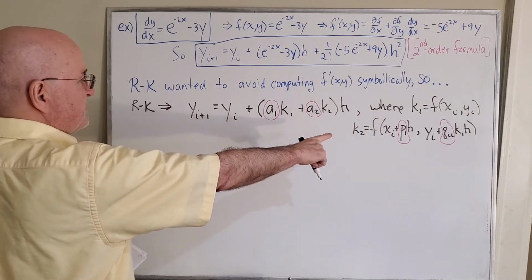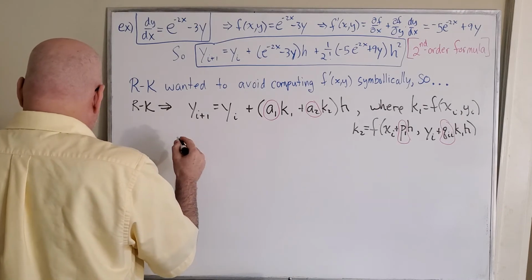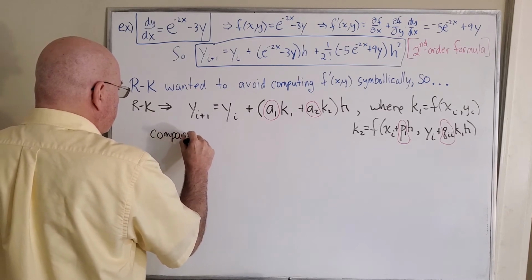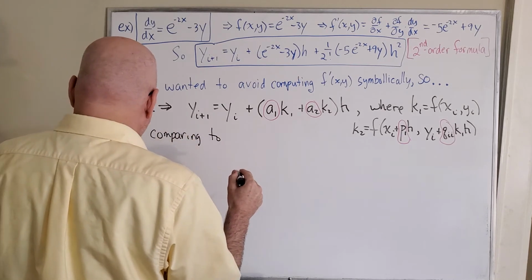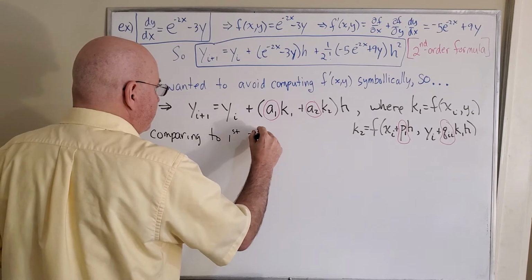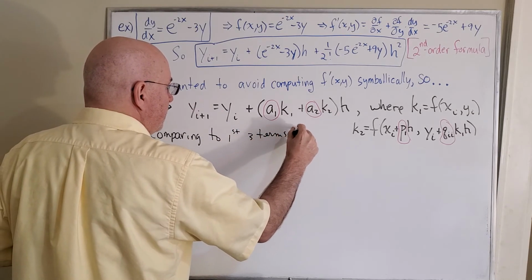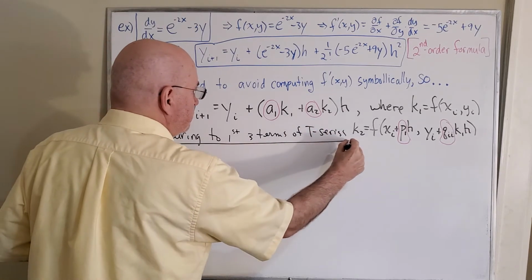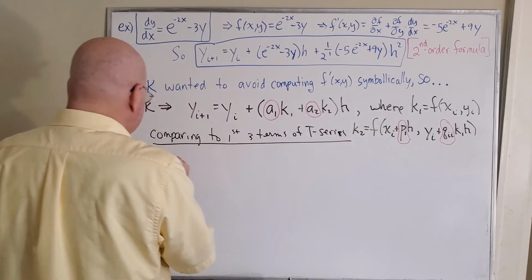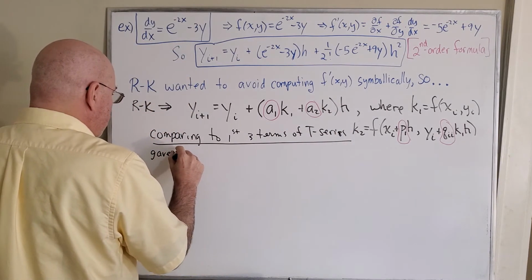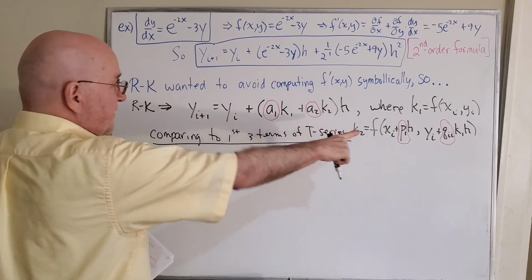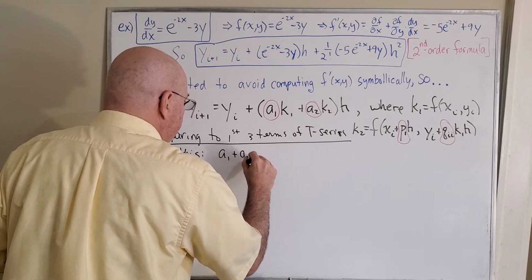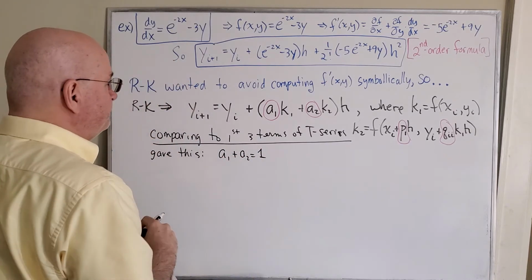Comparing to the first 3 terms of the Taylor series gave this for the 4 parameters. a1 plus a2 is equal to 1.